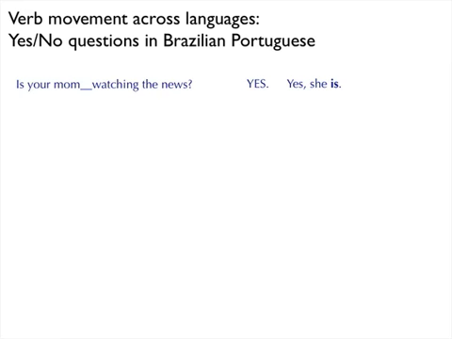Now, in Brazilian Portuguese, I know about this because the first job I had as a PhD student in linguistics at UC San Diego, I had the good fortune of being able to work under one of the true masters, one of the proponents of a major theory of second language teaching.